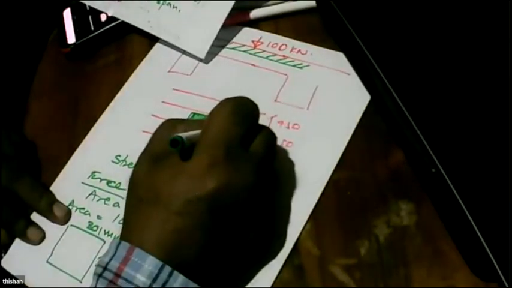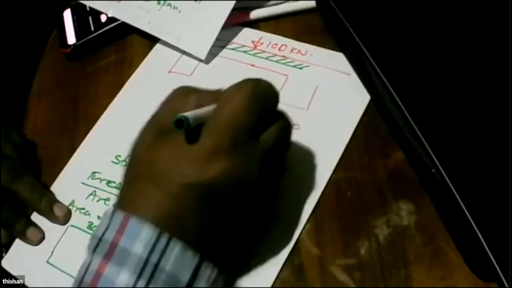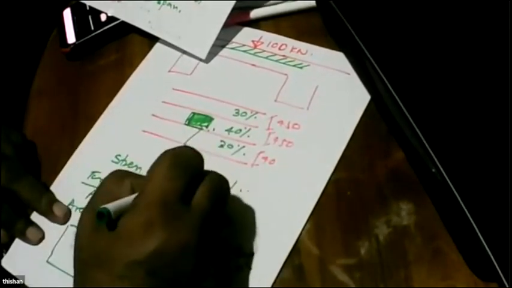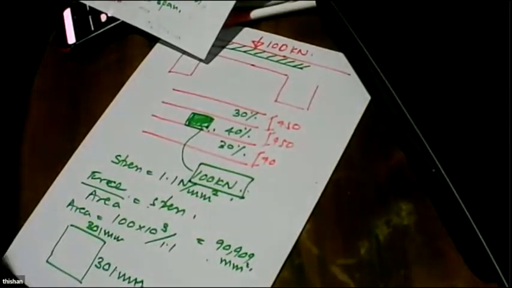So we say this panel carries 40% of the load, the others 30%. So although you have to design for a 100 kilonewton load, you will design it only for 40 kilonewton, 40% of the load, acting at the center.